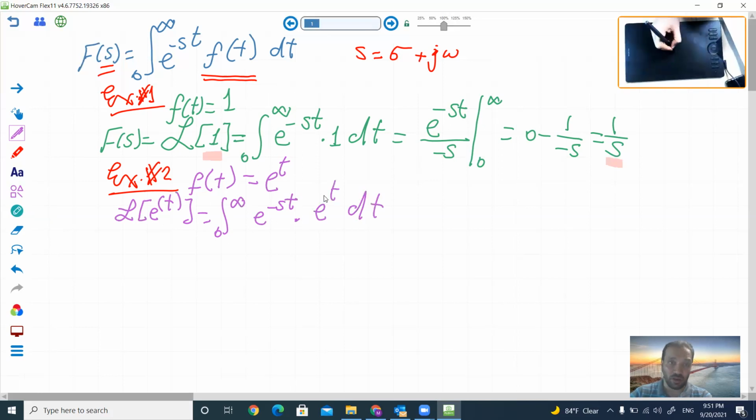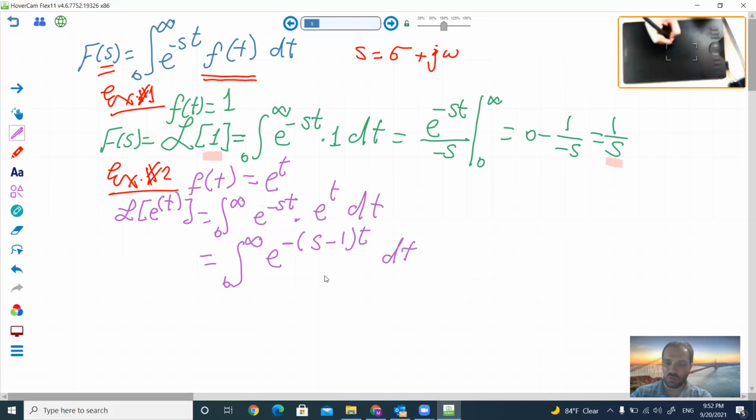So combining the exponents, we can have the integration from 0 to infinity of e, taking minus as a common factor, so we will have s minus 1 all times t dt. So it turns into a simple integration, which we can perform easily.